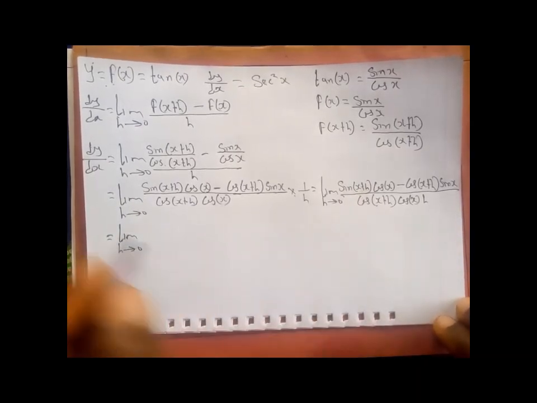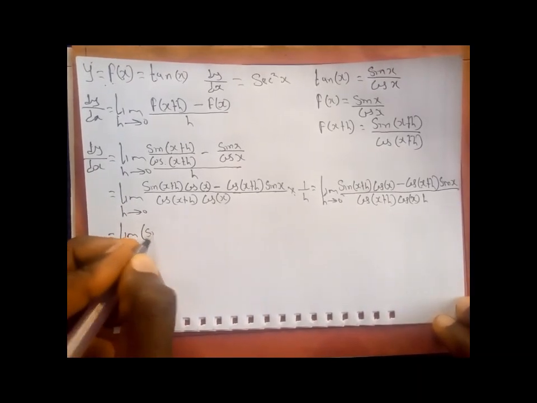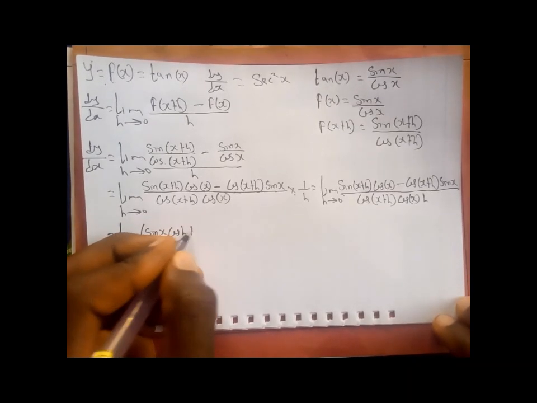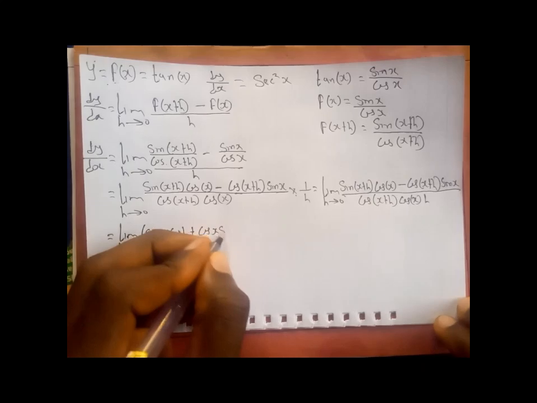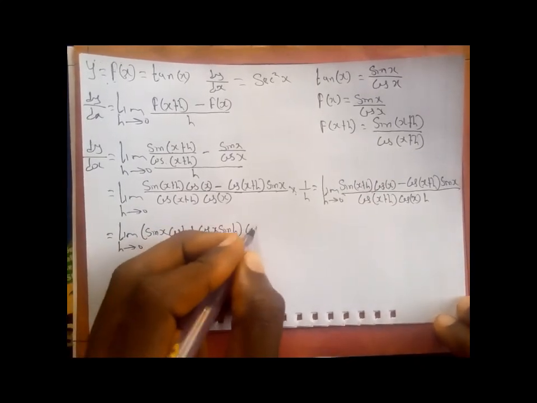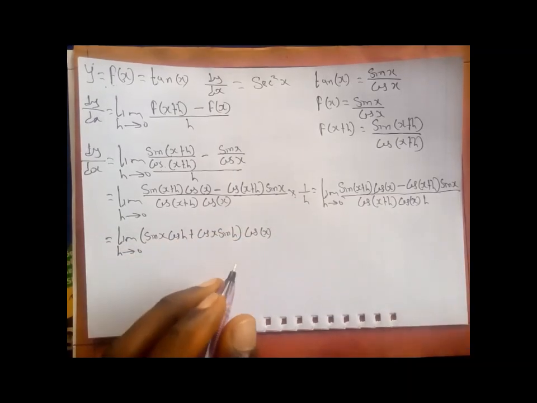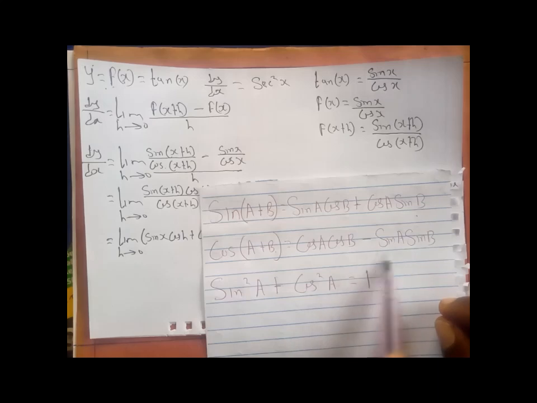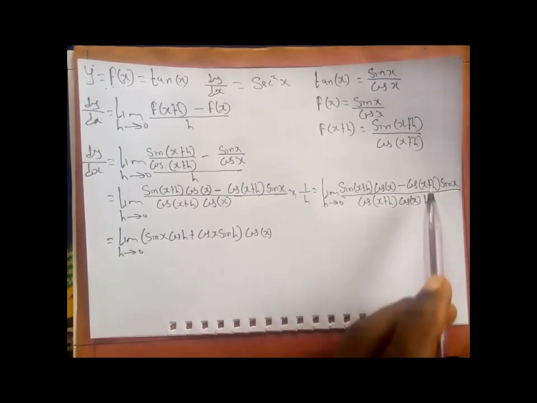Now sine x plus h becomes sine x cos h plus cos x sine h, and don't forget outside it we have cosine x. Perfect. I've used this identity. The next thing is to use this one to expand cosine x plus h.